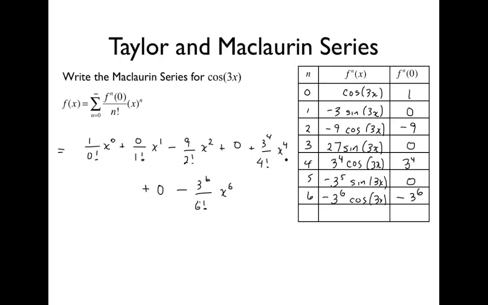Okay, and so remember we've seen this before in WeBWorK problems. If we were to now write this as Cn x to the n, then our C0 would be 1. Our C1 would be 0, right? Because the coefficient of the x to the first term is 0. C2 would be negative 9 halves.